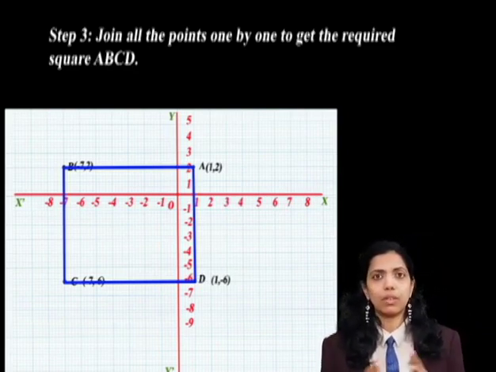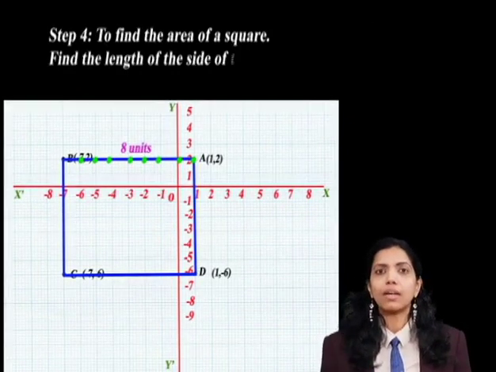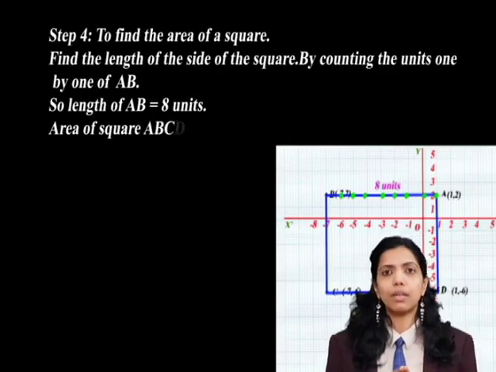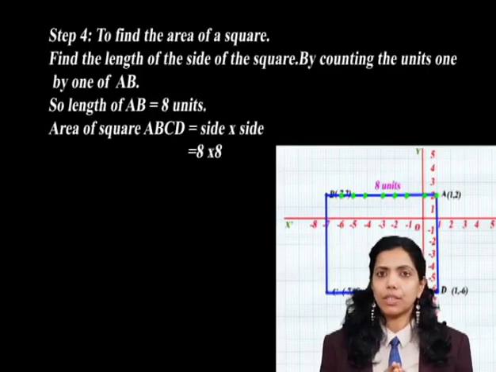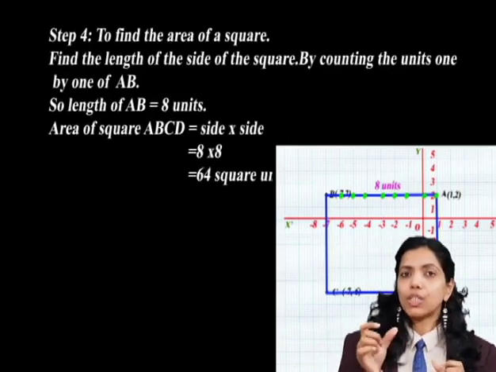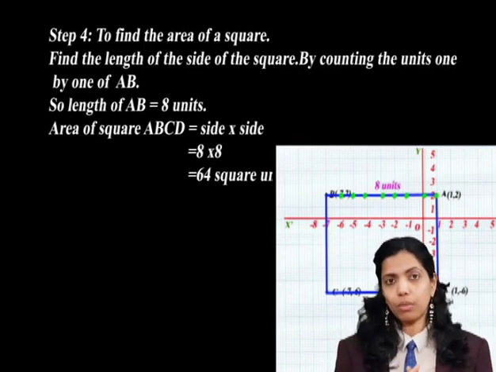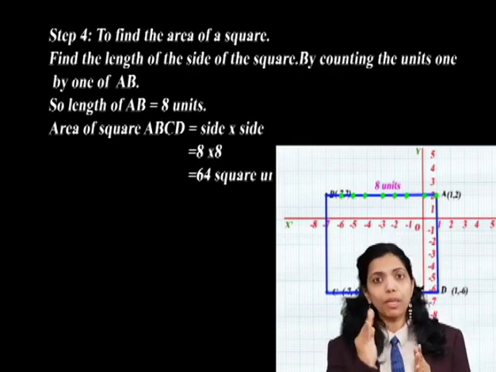Of course, we know it is side into side. But how can we get the side of the square? Once we plot the points on the graph sheet and get the square shape, we can check the side of the square. But how? We can count the number of points. How many points are there?